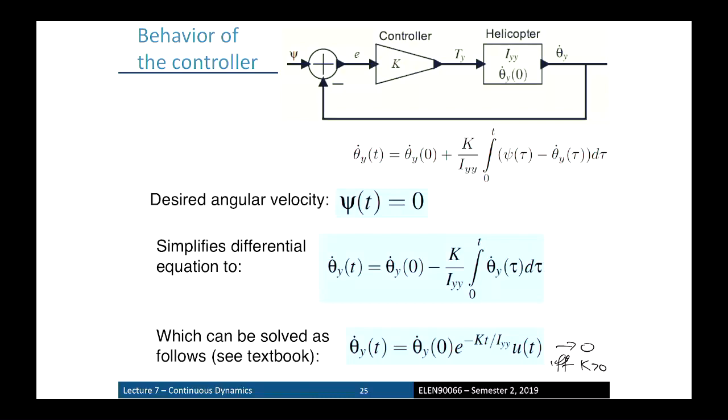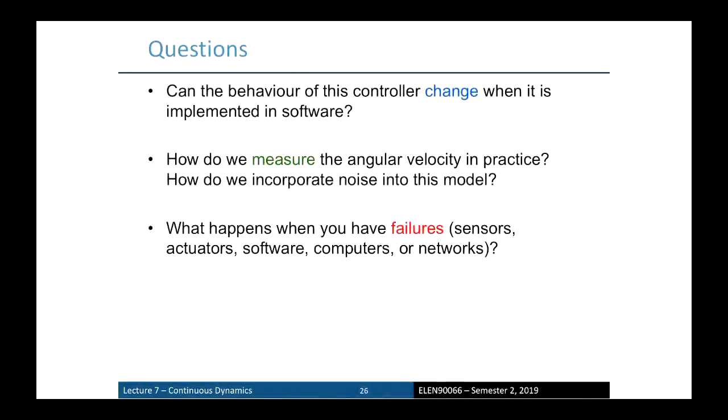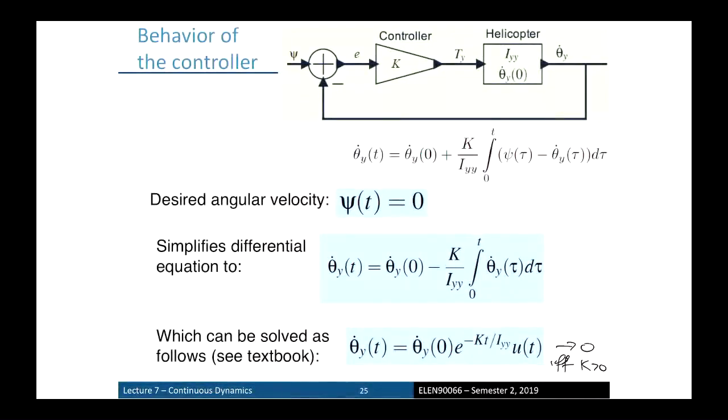Not so. And this is going to lead into the next 3 to 4 lectures. Can the controller behave differently when you implement it in some sort of software? What if these signals here, so this control, where is this really implemented?